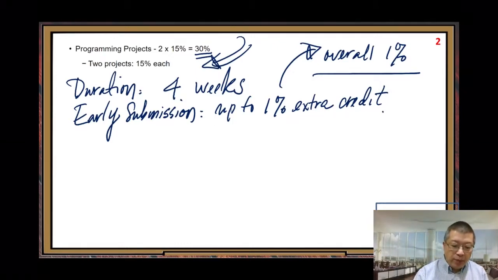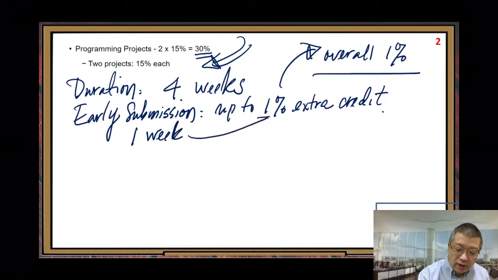But how early? You may ask, how early corresponds to that 1%? 1 week early submission corresponds to 1 full percent. But many students cannot get 1 week early, just a few days early. So don't worry. Still, you get some extra credit, but not 1%, some fractional percent.